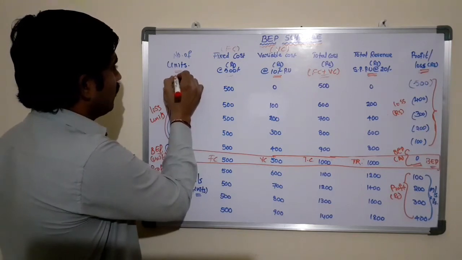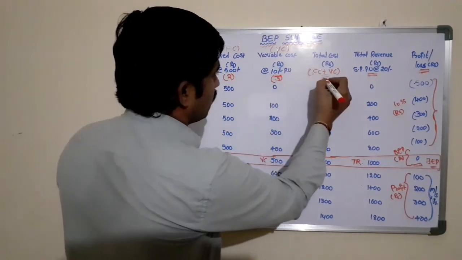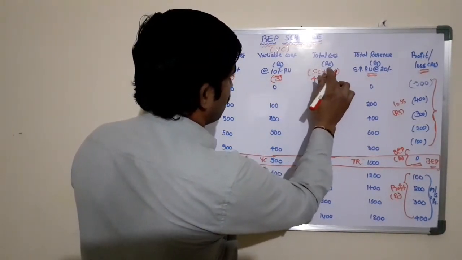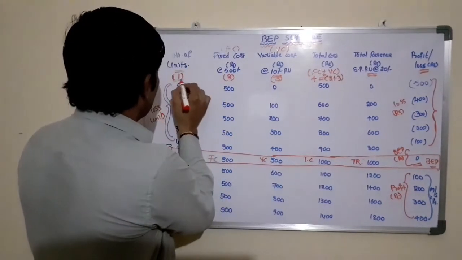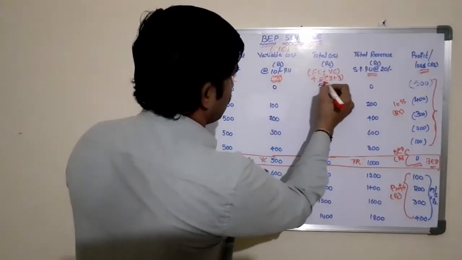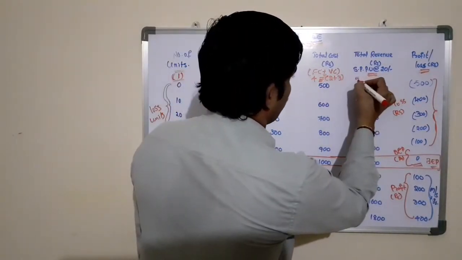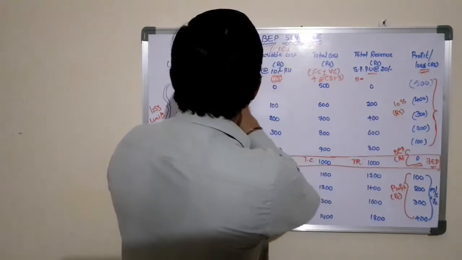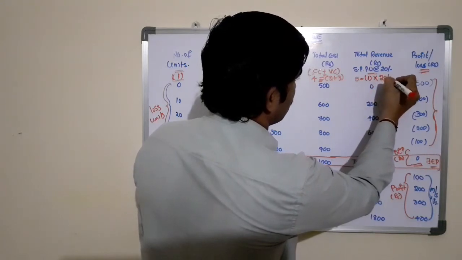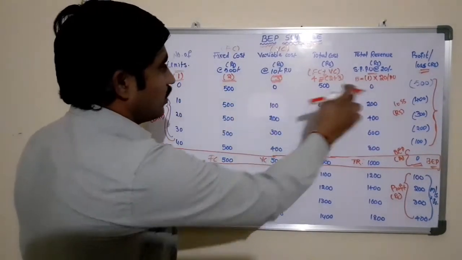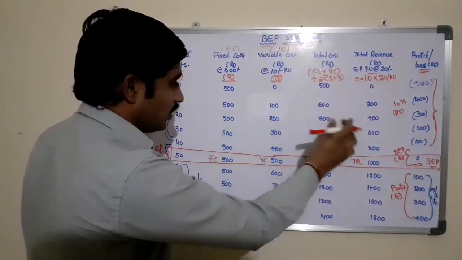Row, column number 1, column number 2, column number 3, column number 4 equal 2 plus 3, and here the total revenue is column number 5 equal number of units, the first column, multiplied with 20 rupees per unit. 0 into 20, 0, 10 into 20, 200, 20 into 20, 400, 30 into 20, 600, and so on.